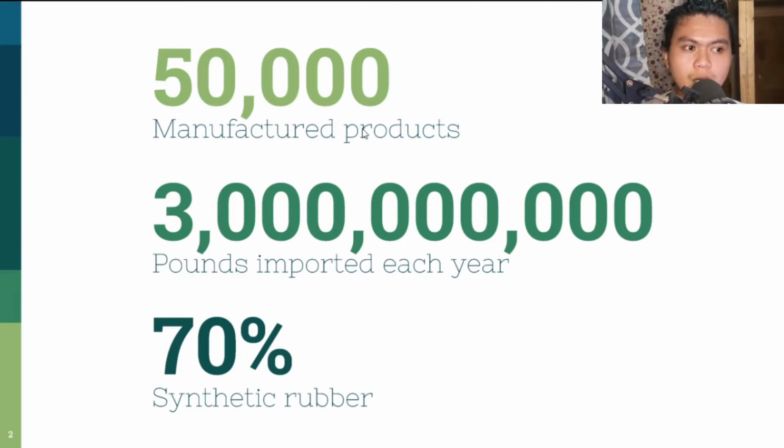However, over 70% of the rubber used in modern manufacturing processes is synthetic rubber. Between the two kinds, natural rubber and synthetic rubber, there are differences that we will be talking about later on in this topic.